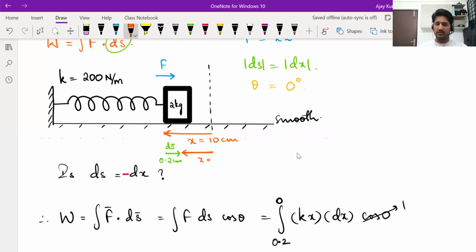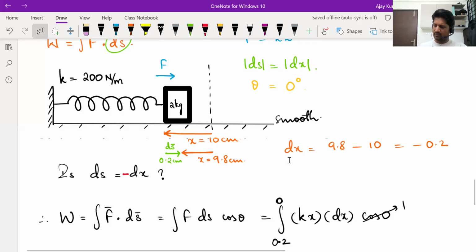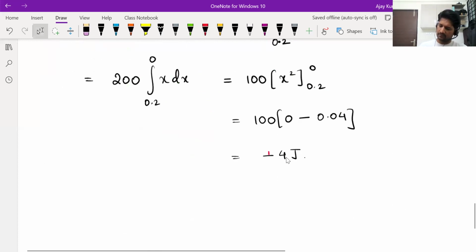How much is the remaining compression? 9.8. Okay. At one instant, the compression was 10. The spring relaxed by 0.2. That means the compression will still be 9.8. Then what is the change in x? Final minus initial, that is minus 0.2. So when ds is 0.2, dx is minus 0.2. They are negatives of each other. That's why we have to include a minus sign. And that minus sign will make the answer positive.